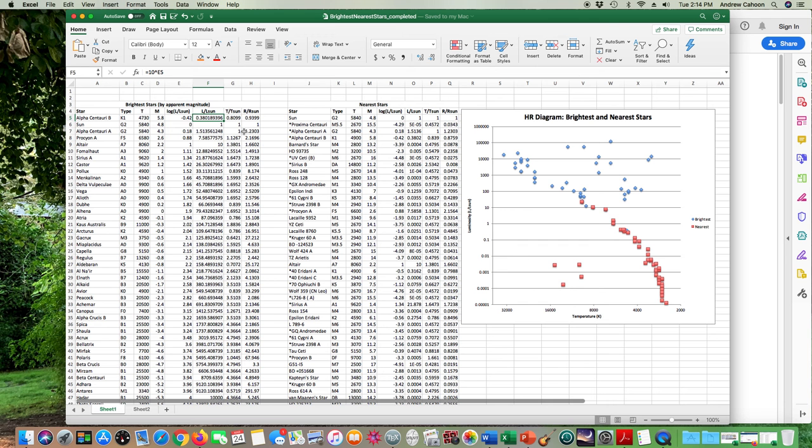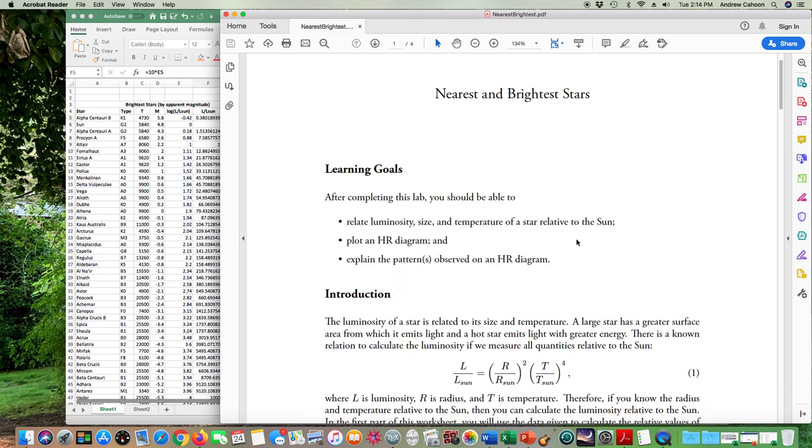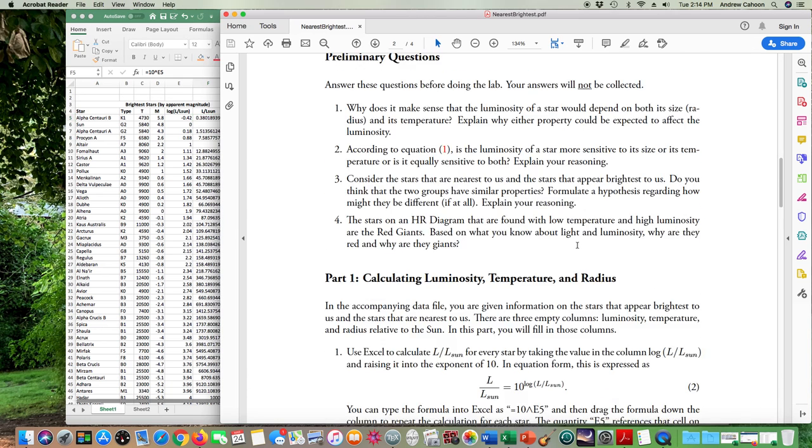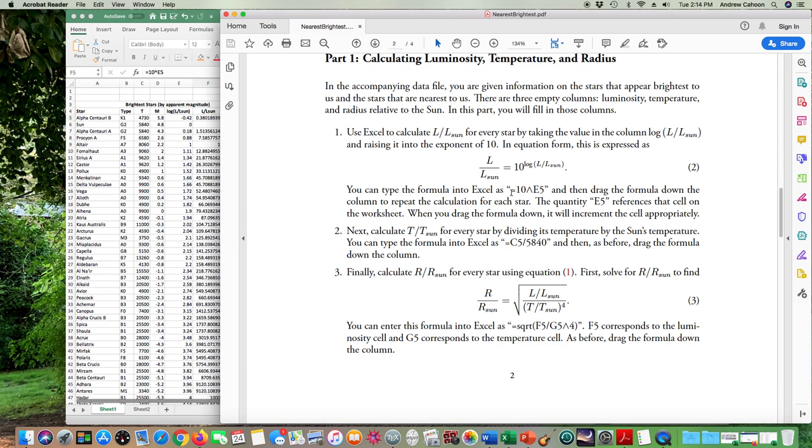You're going to fill in these three columns of data: luminosity, temperature, radius for the brightest stars, and luminosity, temperature, radius for the nearest stars. The formulas that you'll need are in the document, so it should walk you through that.